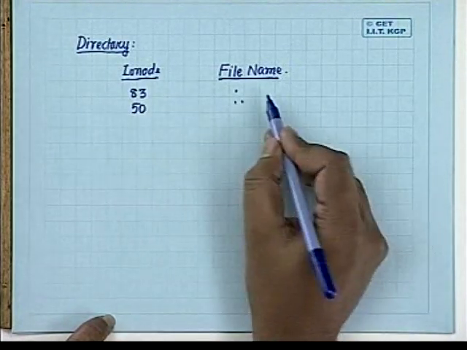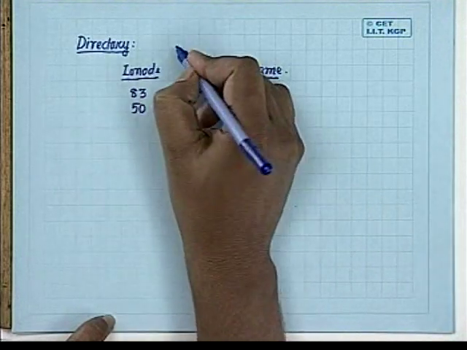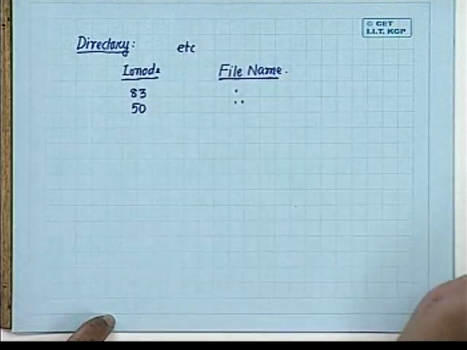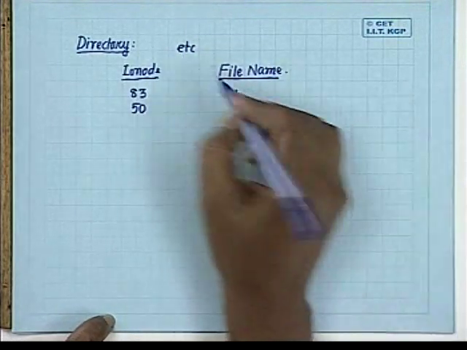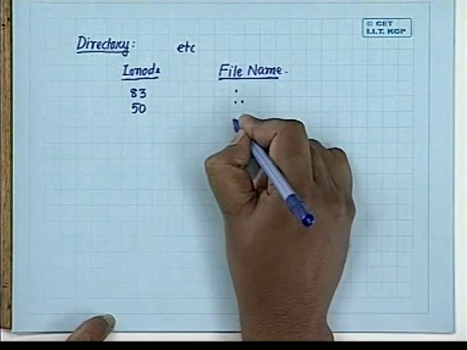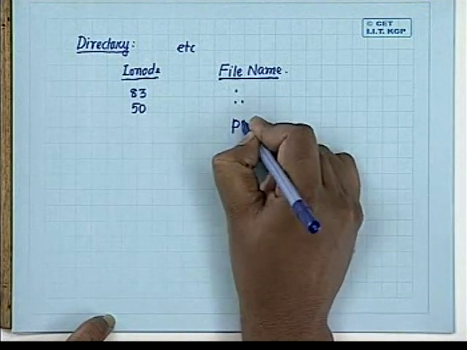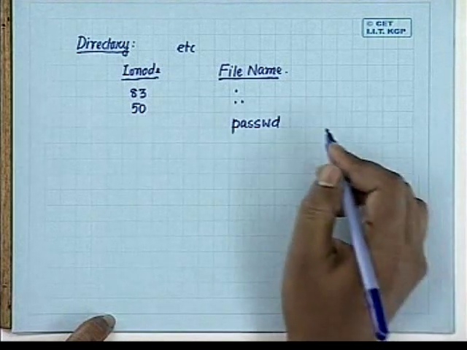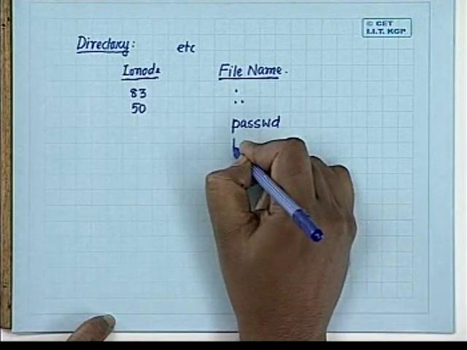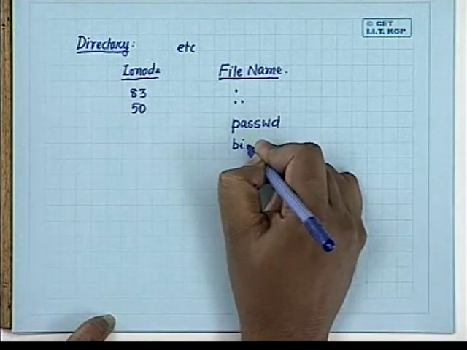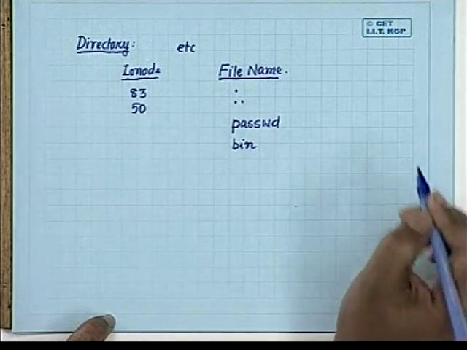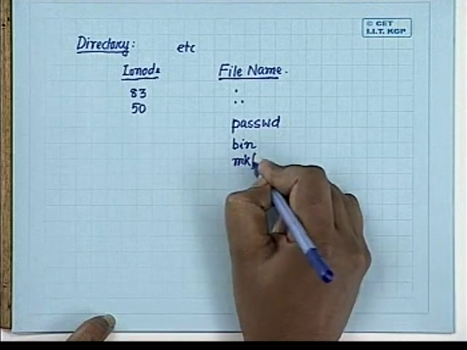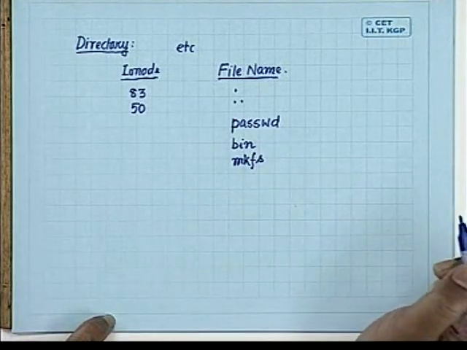For example, if this directory is, say, the directory etc, there will be a number of entries. For example, the password file. There can be a subdirectory, say bin. There can be a file called, say, make file system, things like this.